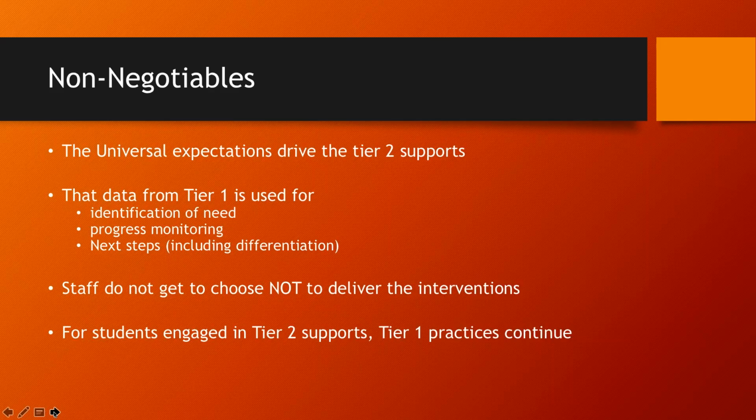So when we talk about staff not being able to choose not to deliver the intervention, really the supports are based on the idea that we are owning Tier 1 collectively, that we are trying to get as many students as possible fluent in these skills and demonstrating them on a regular basis. The interventions are intended to support the students who have not responded to that really good, solid first teaching.